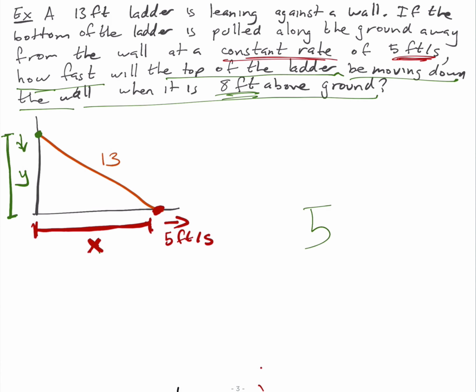Okay. Probably not, because then we wouldn't be here. So what does 8 feet above the ground say? How should we deal with this? Well, what do you guys think about putting an 8 right here? How do you guys feel about that?